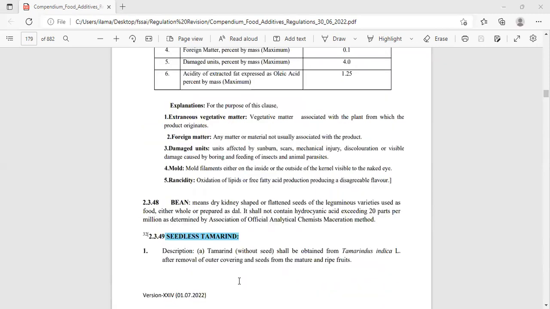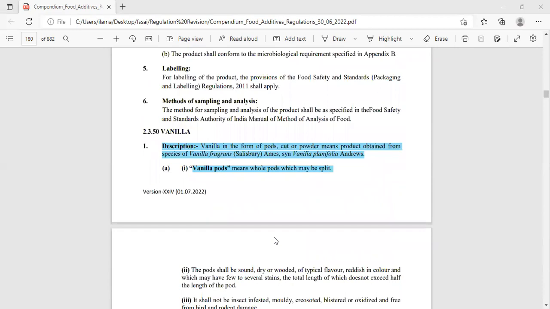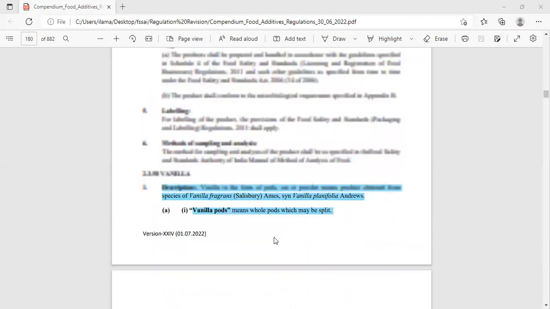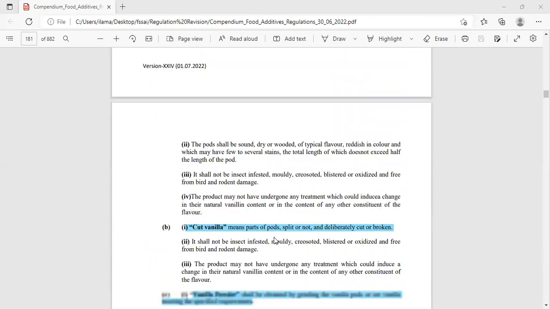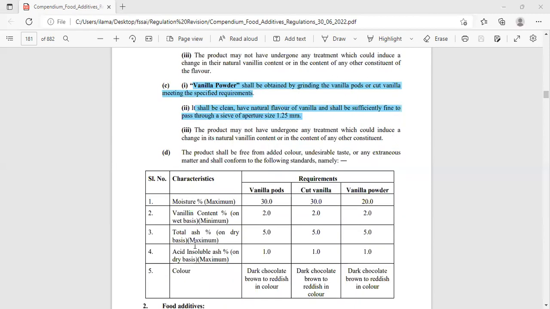And next, seedless tamarind. And vanilla, in vanilla, just know what are the types of vanilla, like what is vanilla pod, what is cut vanilla, what is vanilla powder, and what is its powder sieve passing sieve size value.